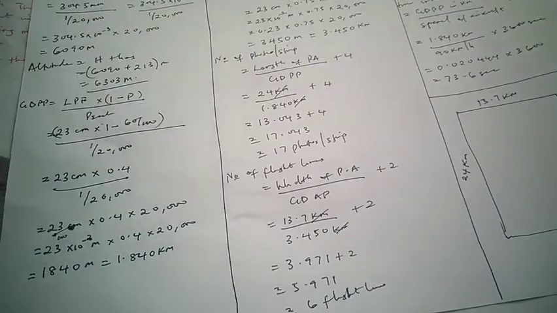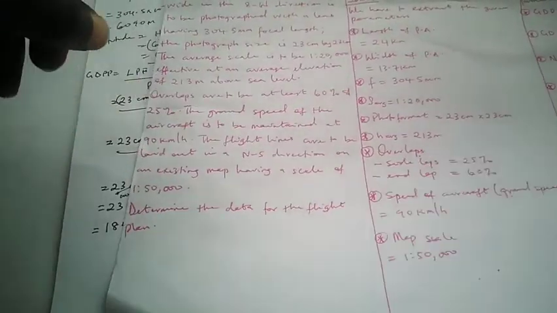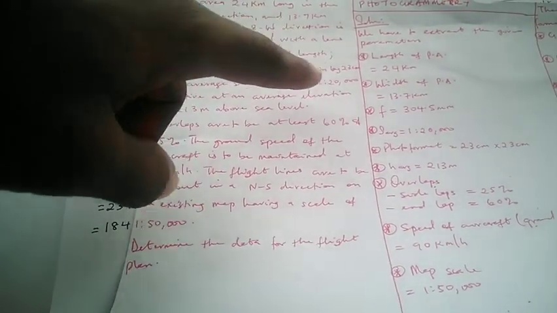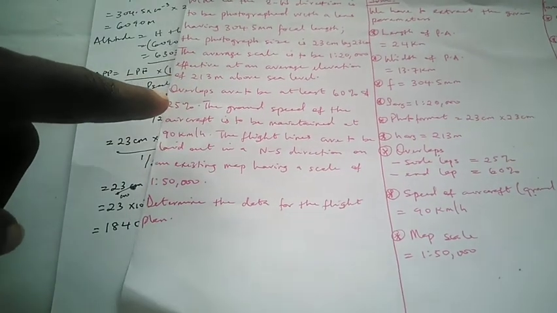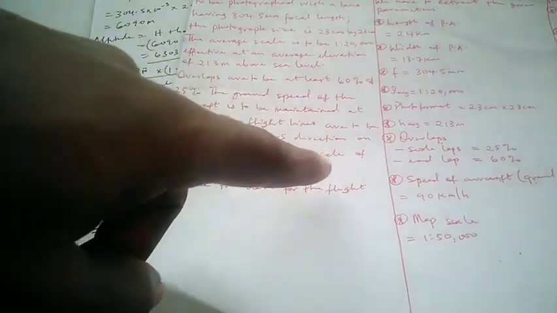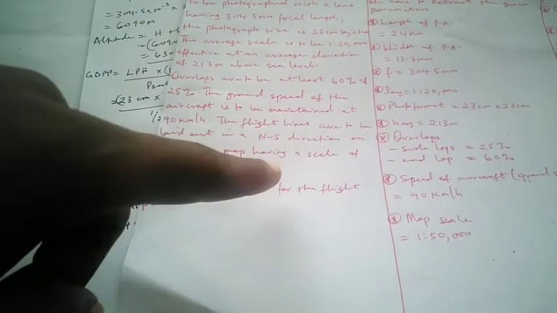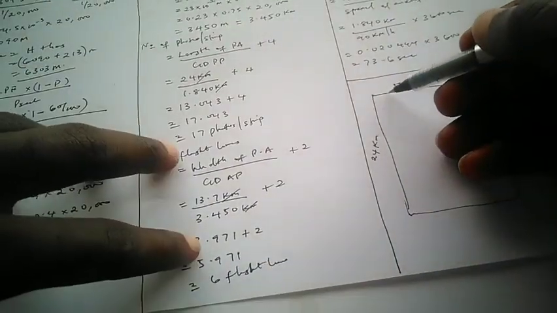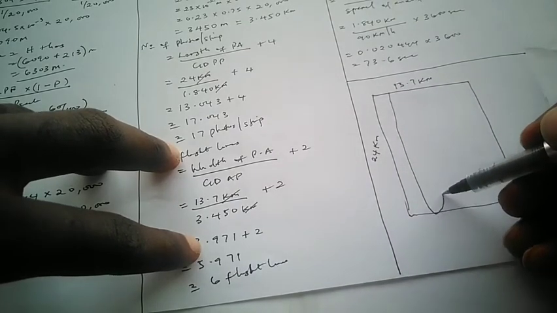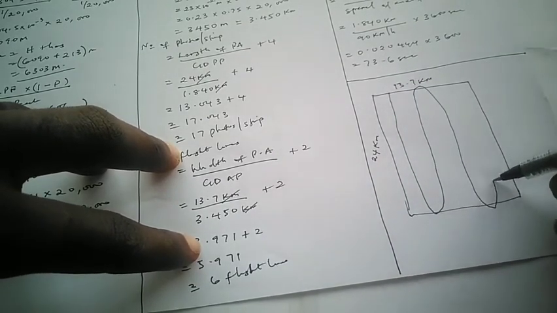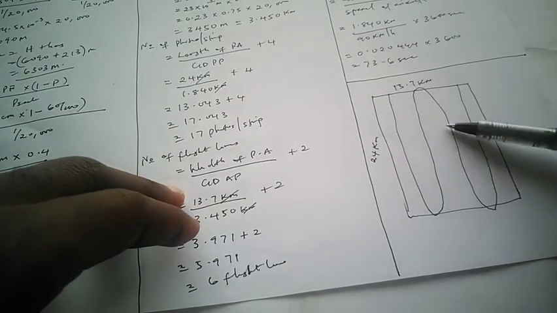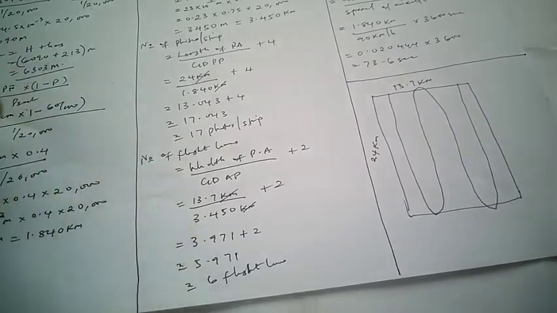From the question, the area is to be photographed, and the flight lines are to be laid out in a north-south direction on an existing map having a scale of 1 in 50,000. So if we consider that, it means the aircraft went this way along the project area.